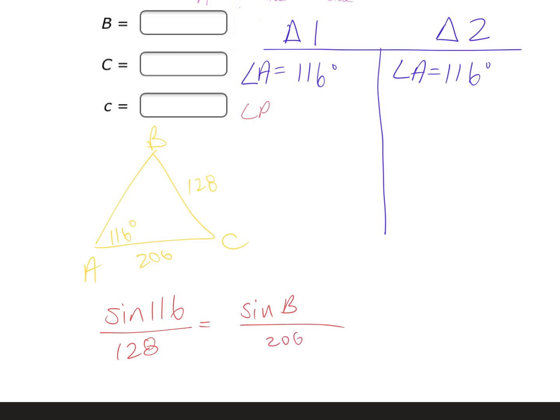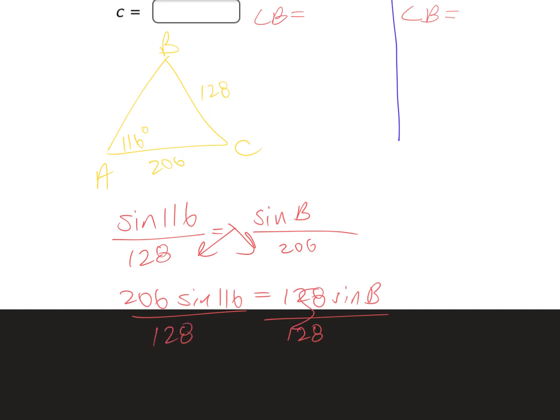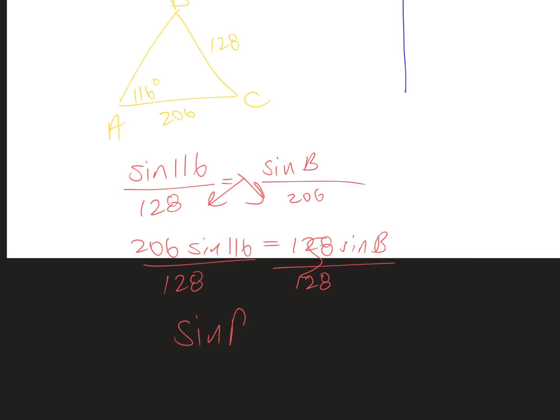Once I figure out what B is in triangle 1, I can figure out what B would be in triangle 2, see if there's a possible second triangle, all that good stuff. So I'm going to cross multiply. We'll get 206 times the sine of 116 equals 128 times the sine of B. Divide both sides by 128. And the sine of B is 206 times the sine of 116 divided by 128.